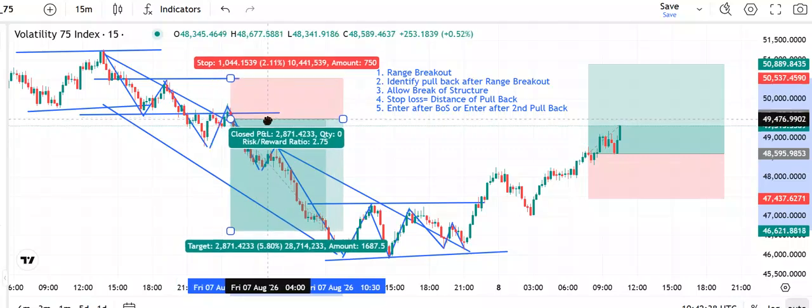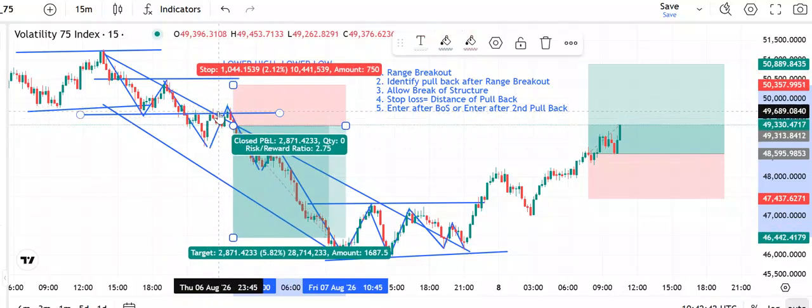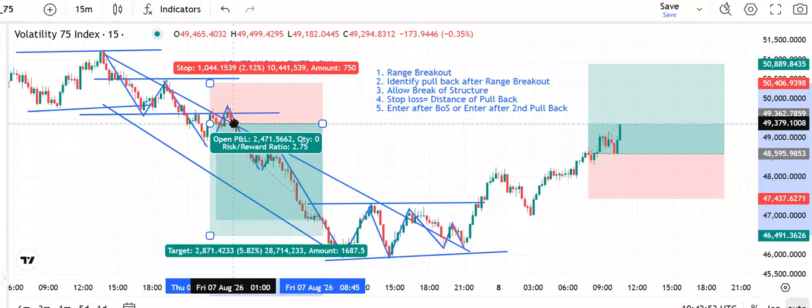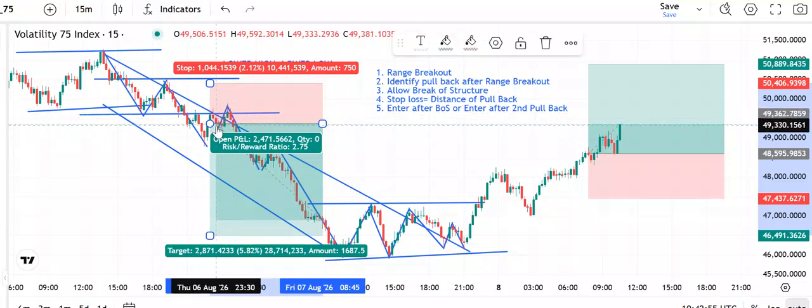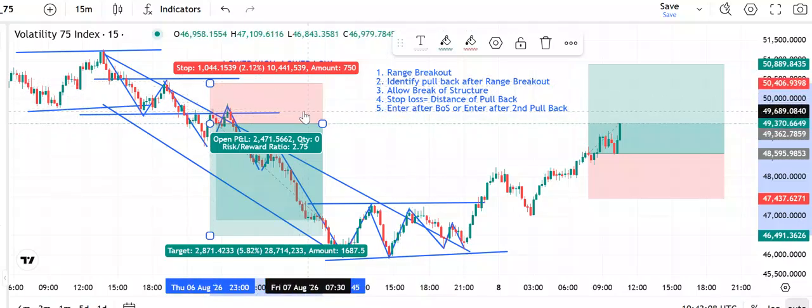Or your entry can be here after this second pullback. This could have been the second pullback, but you can see another further pullback. So even if you enter at this second pullback, you see the second bearish candle to show that, oh, we have a top. If you enter here, you already measured the 1000 pips or 200 pips or 500 pips for point number 4, which is stop loss.